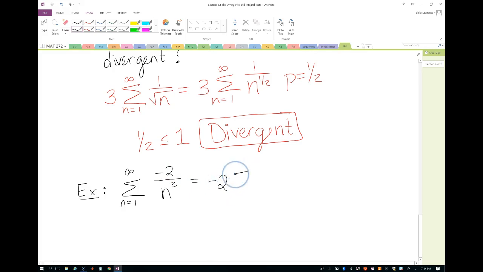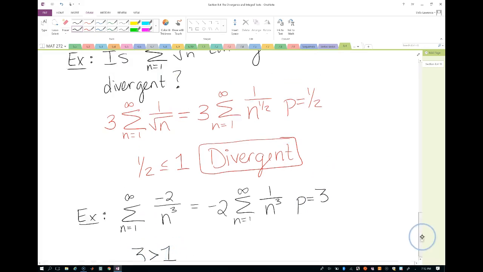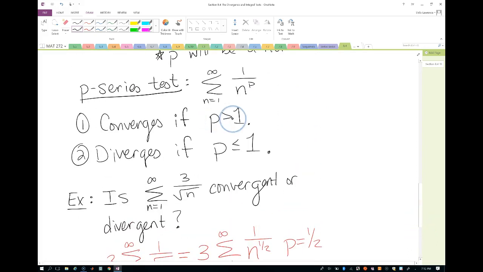Just like in the last example, we could pull that out front and just ignore it because it will not change the fact of whether 1 over n cubed converges or diverges. So this is a P-series, and we're dealing with a p-value of 3. 3 is greater than 1, and our test up here states that if you have a p-value that's greater than 1, the series will converge.